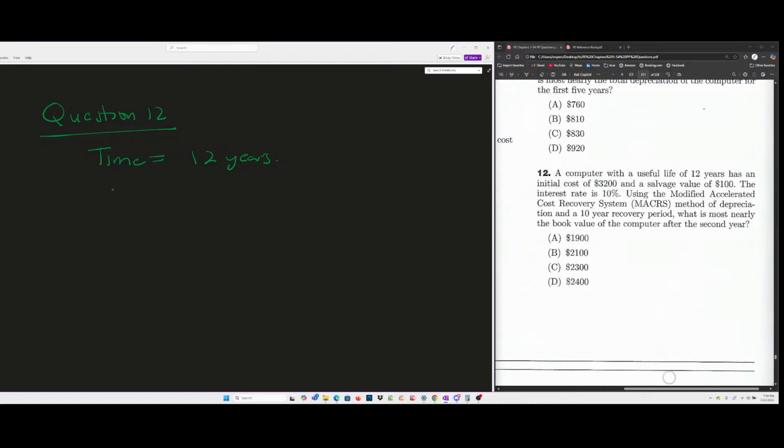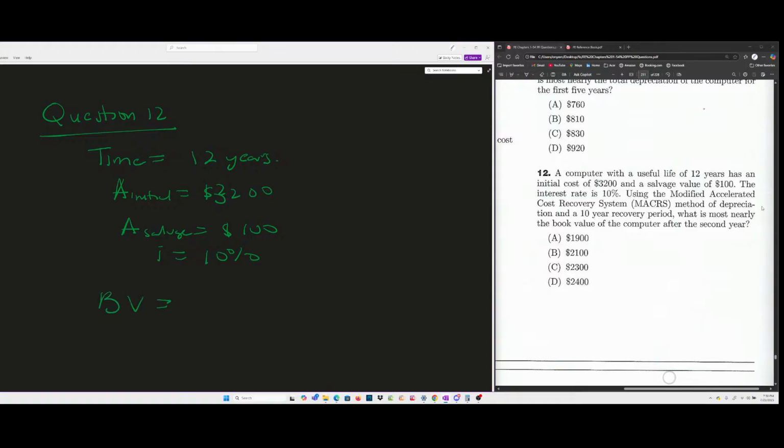It has an initial cost of 3200, salvage value of 100. The interest is 10%. And they say using the MACRS recovery method, depreciation and a 10-year recovery period, what is the book value. So they're asking us for the book value, BV.